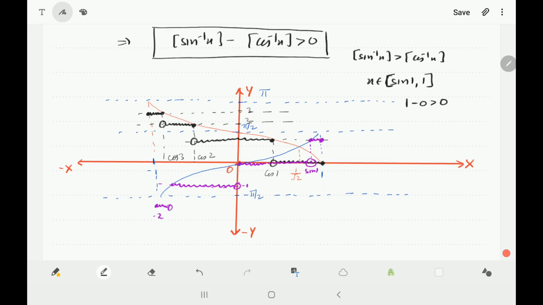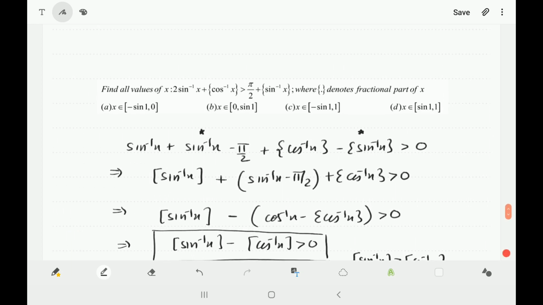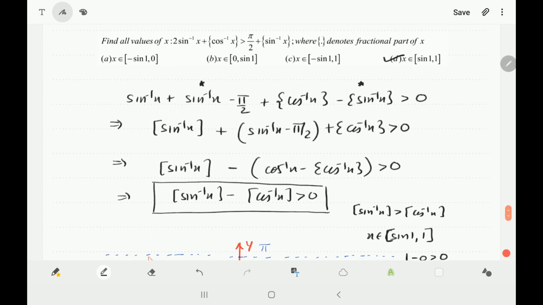So this is already greater. Before sin 1, both the functions are 0 and 0. So from sin 1 to 1, the greatest integer of sin inverse x is 1 always, and the greatest integer of cos inverse x is 0. So the answer for this problem will be the closed interval sin 1 to 1, which is option D, and hence the answer of this problem is option D.